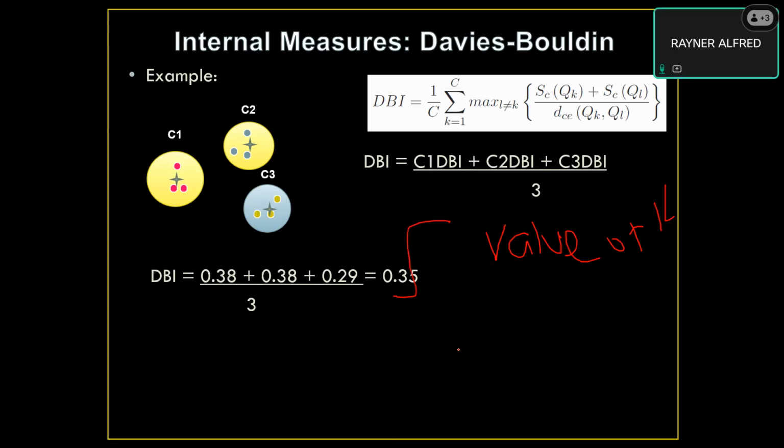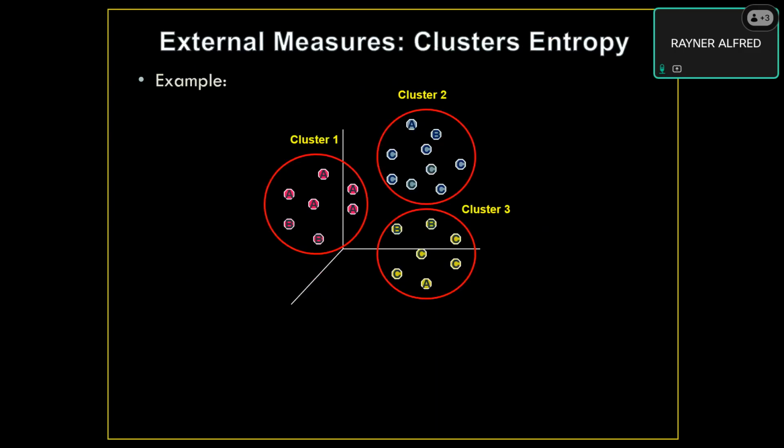But to solve this, they say, okay, I will use hierarchical clustering. Because with hierarchical clustering, you can have any number of clusters by just cutting across the dendrogram, like this one.